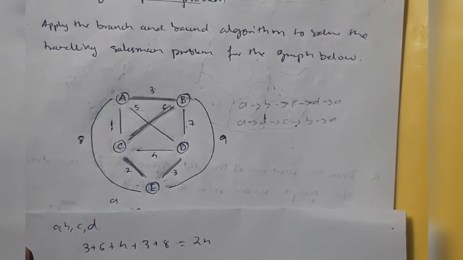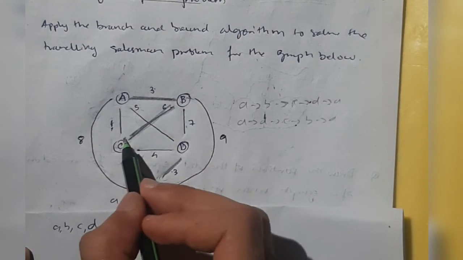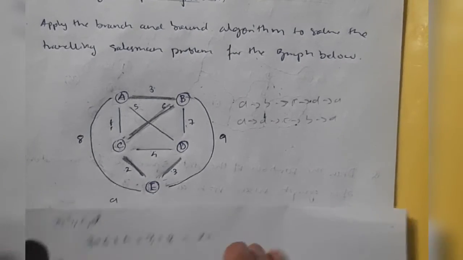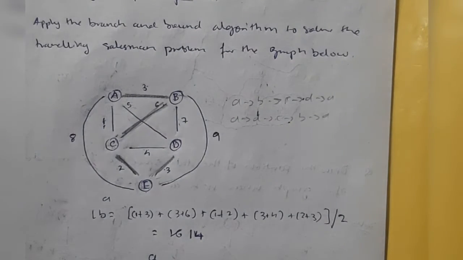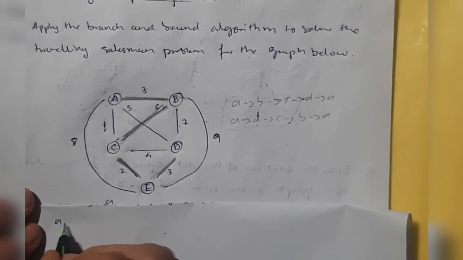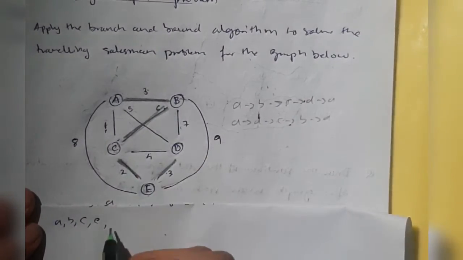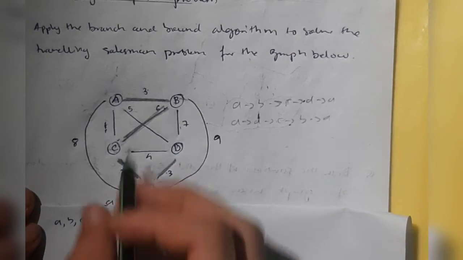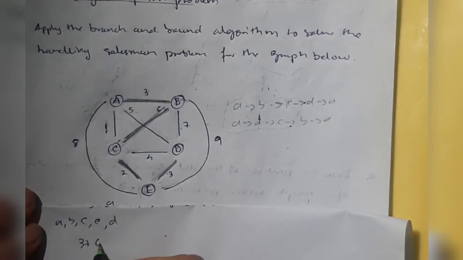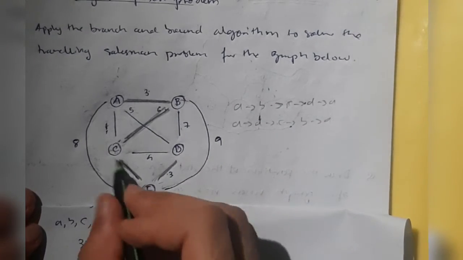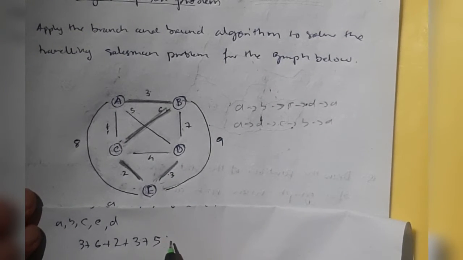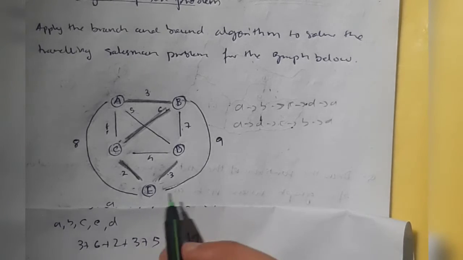So the sum of the edges will be 3 plus 6 plus 2 for the path through E. It will be A, B, C, E, and then D. So here it will be 3 plus 6 plus 2 plus 3 plus, then till A it is 5. Calculating this sum, we'll get the answer as 19. This was for the path through E.